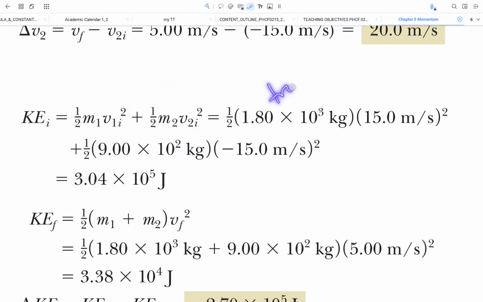For the truck, half m v squared, 15, plus for the car, half mass of the car and then v in the opposite direction. But it's not going to show, because this is a scalar, so squared, the negative would just dissolve. So arriving with a value of about 10 to the power of 5 joules.